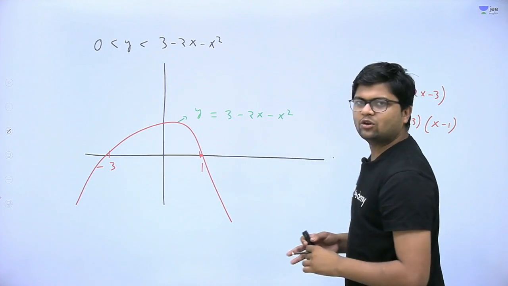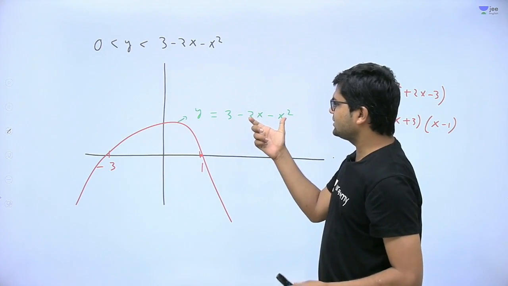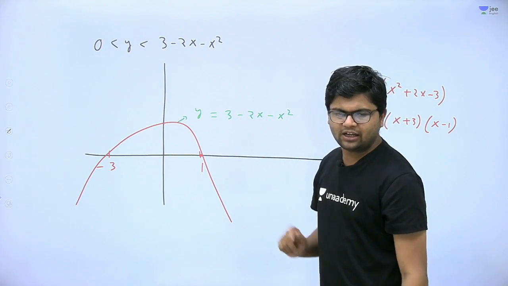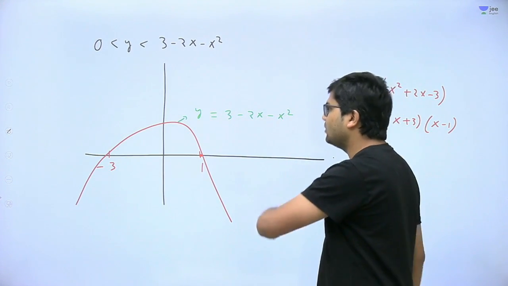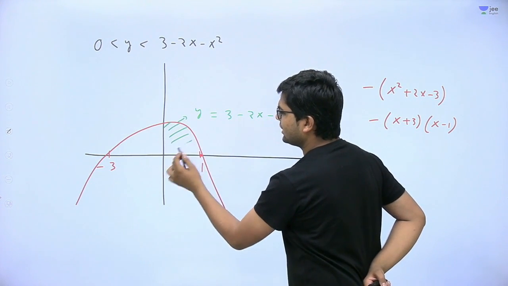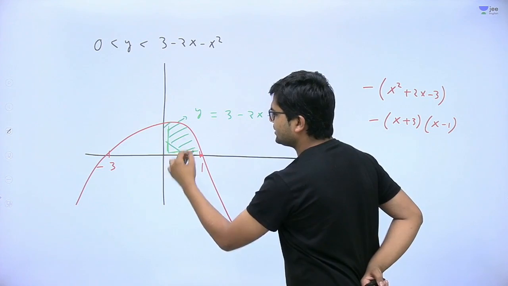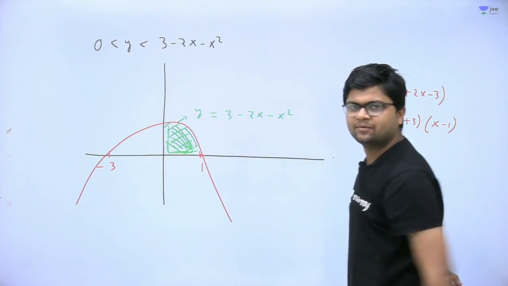If we need y less than this, then the area below this graph will be shaded. So this shaded region corresponds to the area given by this inequality.